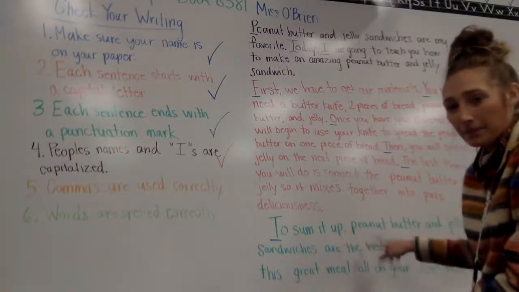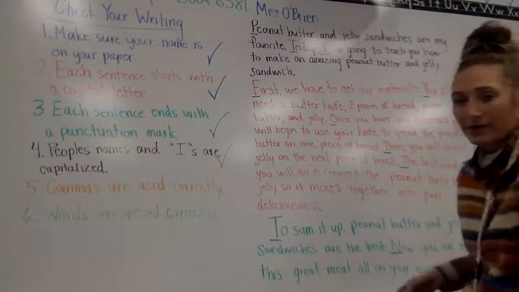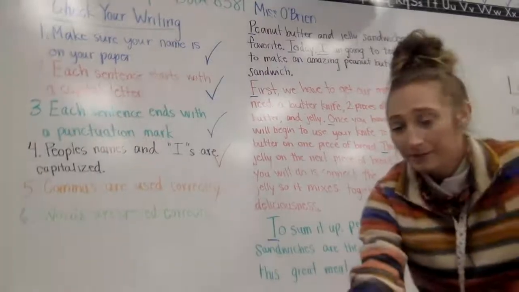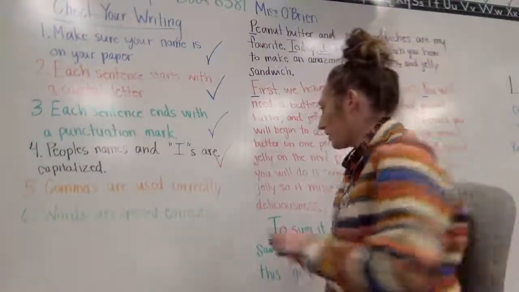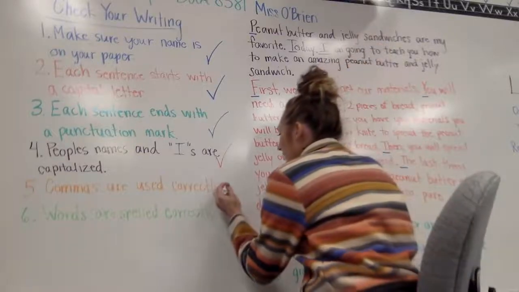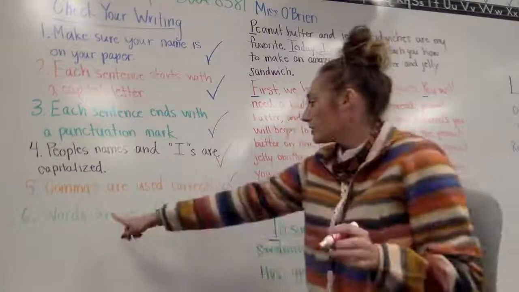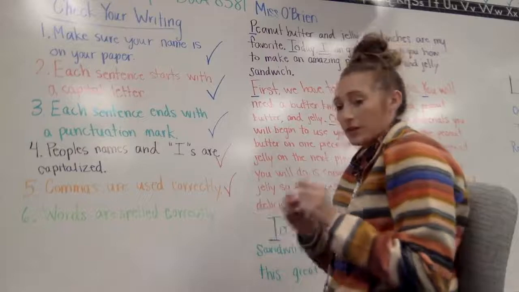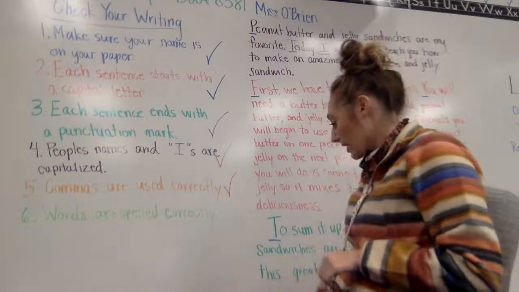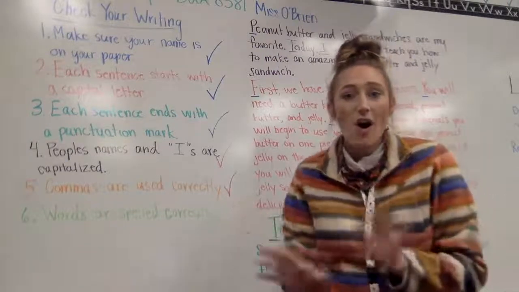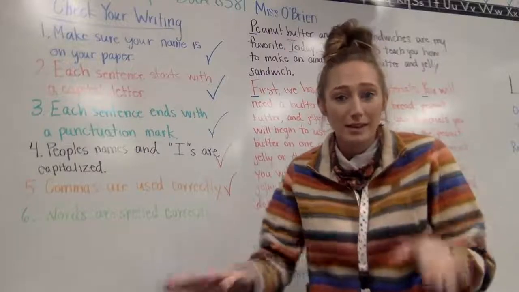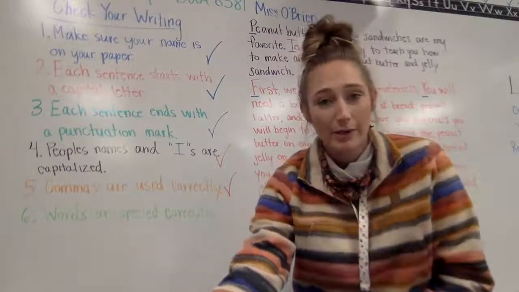To sum it up, peanut butter and jelly sandwiches are the best. That sounds a lot better. And then the last thing that you're going to check off, words are spelled correctly. So you have to go through your story and make sure that all of your words are spelled correctly, okay? And then you can check off that bottom one too.